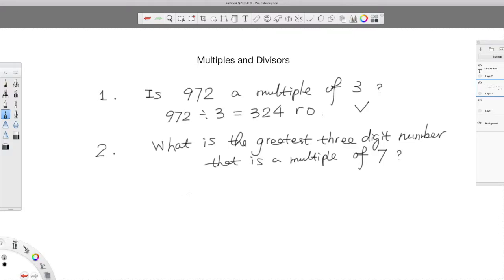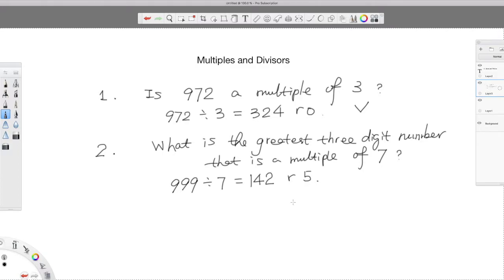The first thought should be, what is the greatest 3-digit number? That is clearly 999. And you want to check if 999 is a multiple of 7. And the fact is, it's not. If you divide it, it's 1, 4, 2, remainder 5. All right, so you know that this is not a multiple of 7.